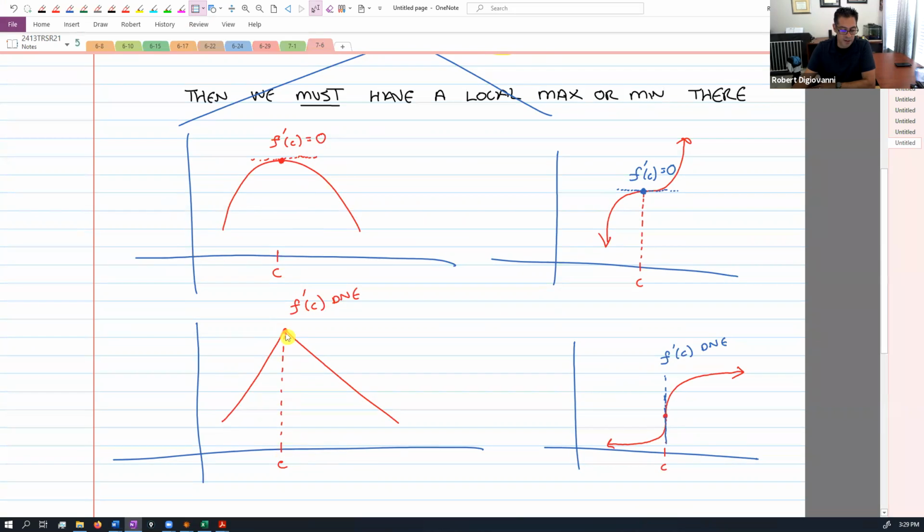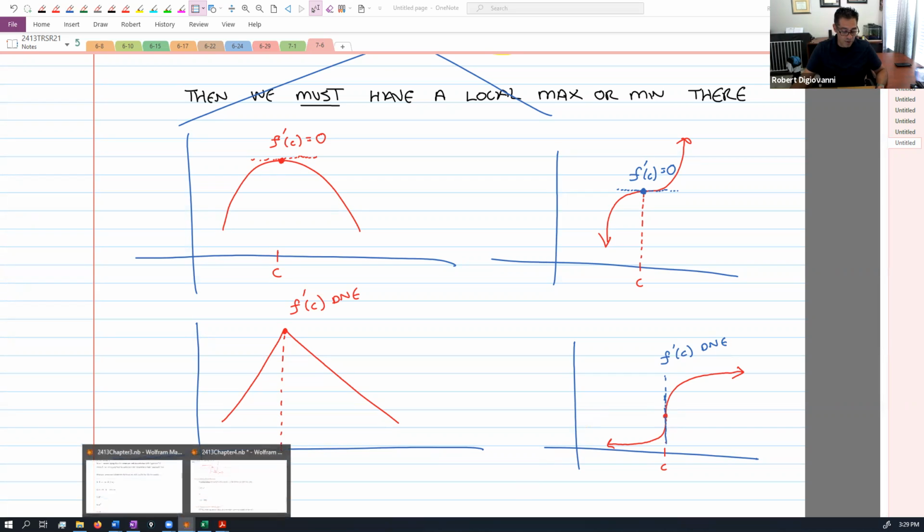Here at C, this value C is a critical number because the derivative here doesn't exist. But this is also a critical number because the derivative is 0. And this right here is a critical number because the derivative doesn't exist. So anywhere where the derivative is 0 or anywhere where the derivative doesn't exist, you're talking about a critical number.